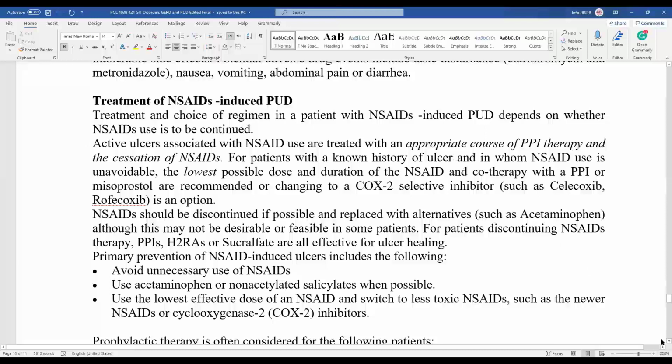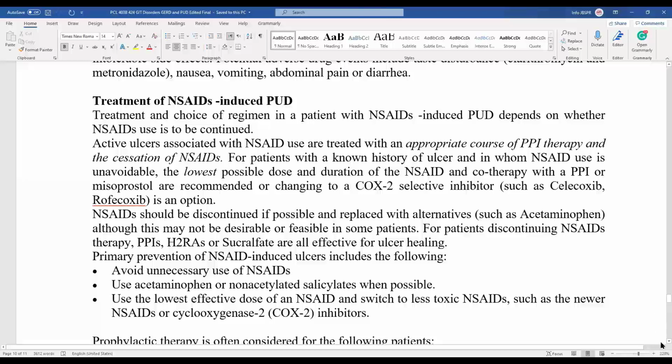But that's why it is said that if the patient cannot stop taking NSAID, there might be need to change to the COX-2 selective inhibitor, because those ones don't cause much peptic ulcer disease. So primary prevention of NSAID-induced ulcer will be to avoid unnecessary use of NSAID.